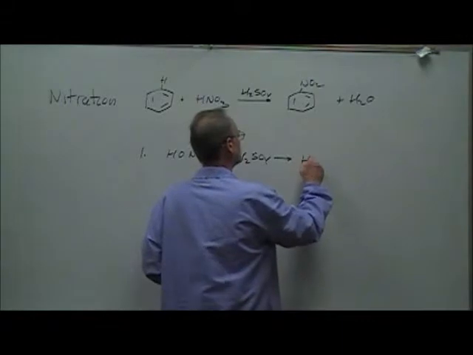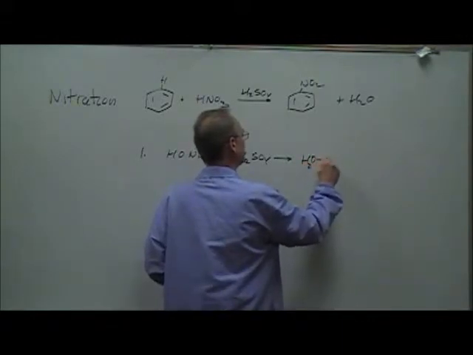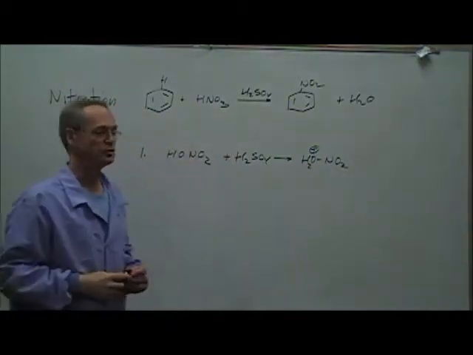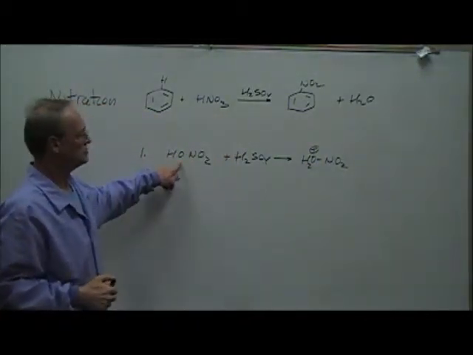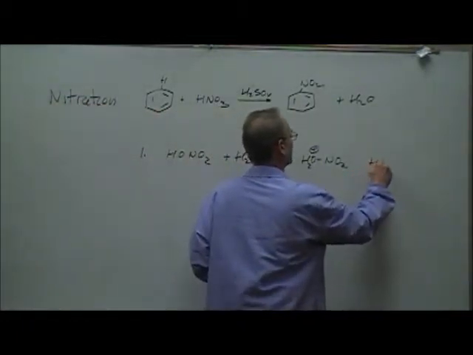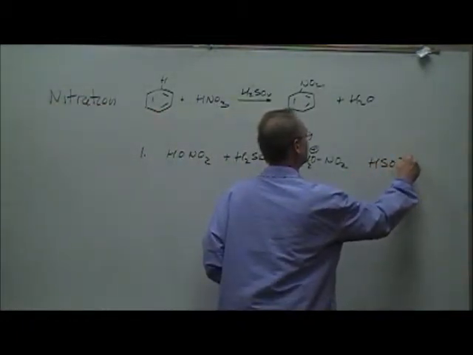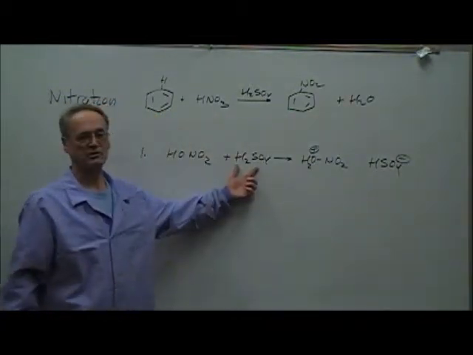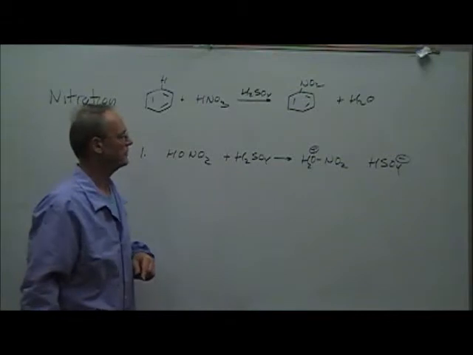We'll end up with this odd-looking intermediate in which the nitric acid now has a positive charge on the nitrogen, just protonating that oxygen, just exactly like you protonate an alcohol, kind of makes sense. And the byproduct, or the counter ion if you will, is the bisulfate ion, which is the conjugate base of this acid. Okay.